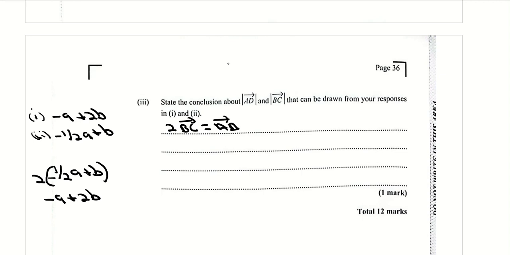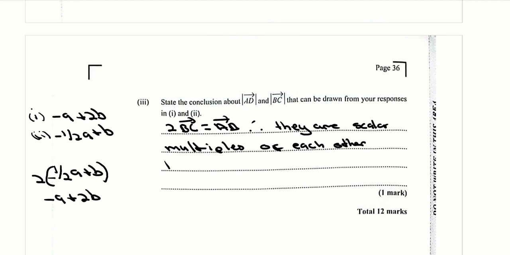So because of that, you say therefore they are scalar multiples of each other, hence they are parallel to each other.